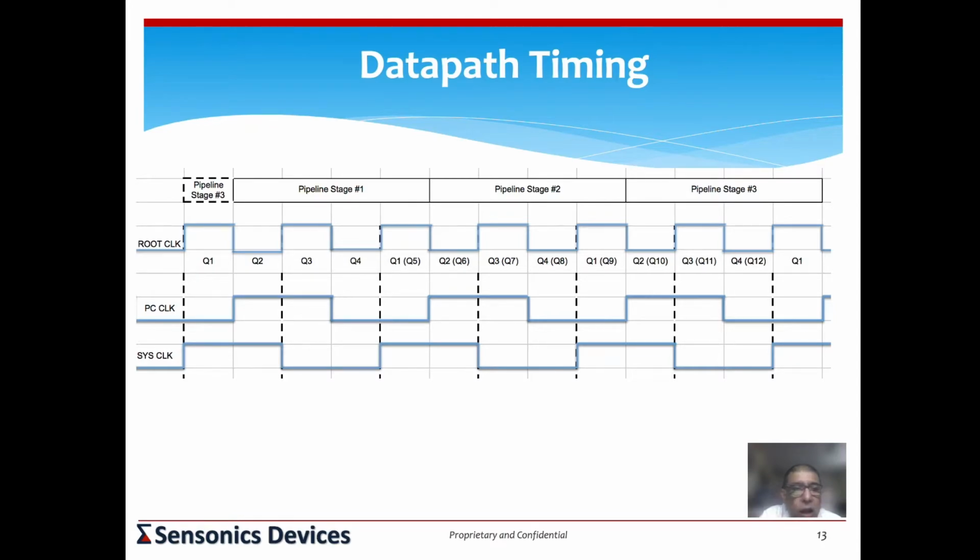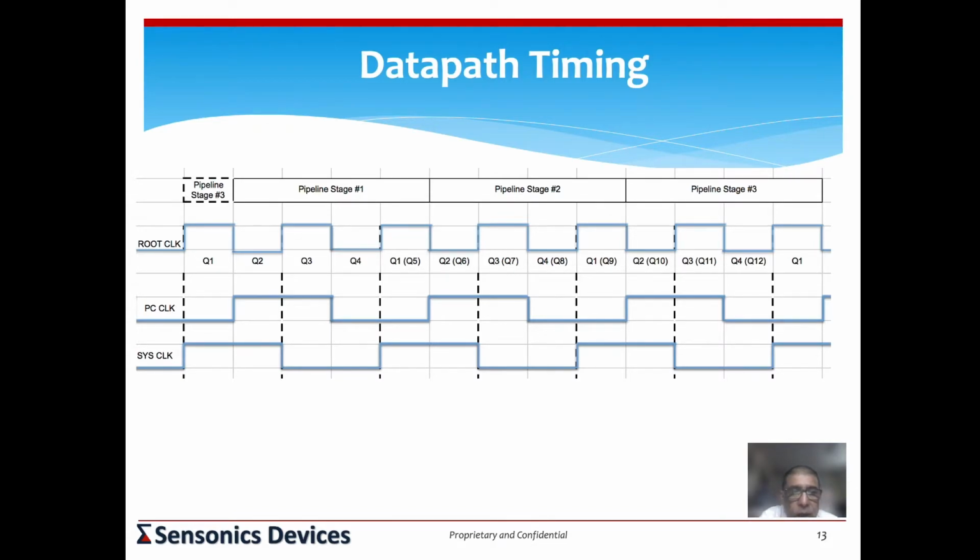This has a main clock, which we are calling the root clock, and the three stages of the pipe are partitioned into 4 phases of the root clock per pipeline stage. So the 3 cycles together amount to 12 quarters.